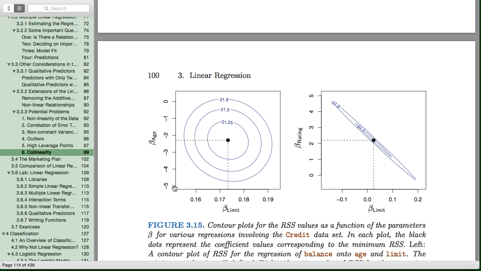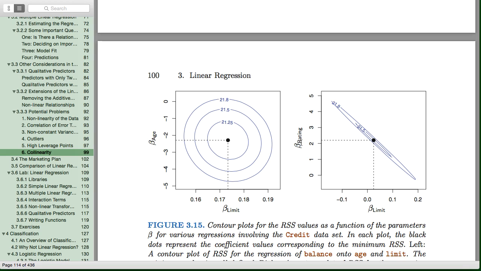Here's the value of one of these variables, and the value of the other variable here, and we're looking down at RSS, and these contours are equal values of RSS. So all along this line is a value of 21.25. Hopefully you've seen contour maps of elevation that look like this. We can easily see that the lowest point is this point in the center. There's no question. It's pretty obvious what the minimum RSS is here.